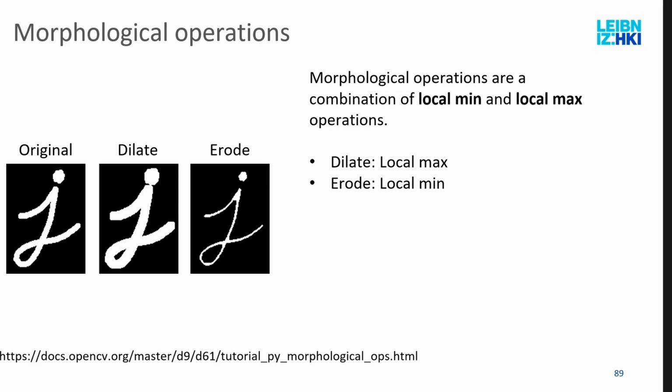Imagine you are at the border, and your area covers the one white pixel, then it will be colored in the output, and this is how it's dilating. The opposite is erosion, where you take the local minimum in the surrounding area around each pixel. This way you can thin the images down.